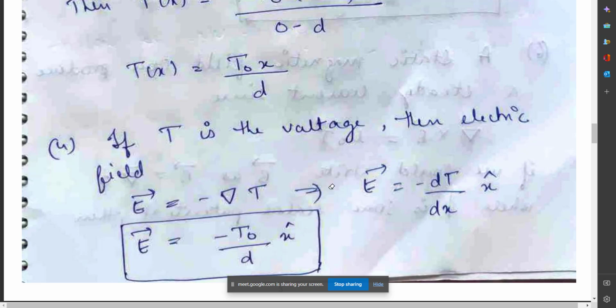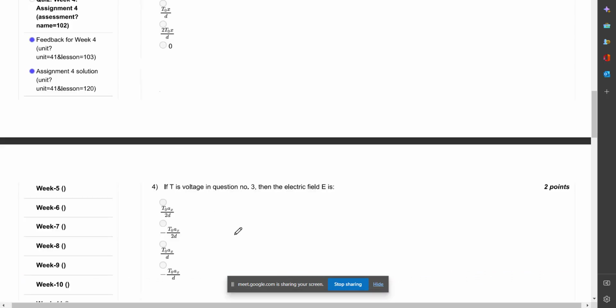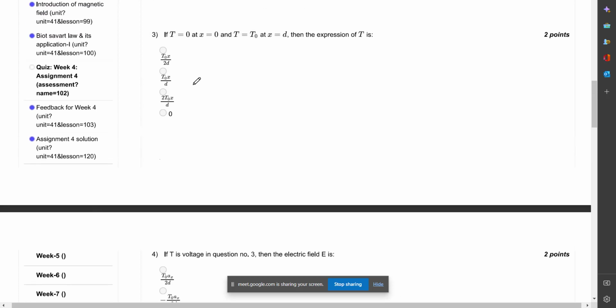So if T is the voltage, then electric field will be equal to minus del T, isn't it? So E, electric field intensity, will be equal to minus dT by dx x cap. So we will differentiate this and we will get minus T naught by d x cap. So electric field intensity will be minus T naught by d x cap. So that is option number D. It was option number B. Okay.